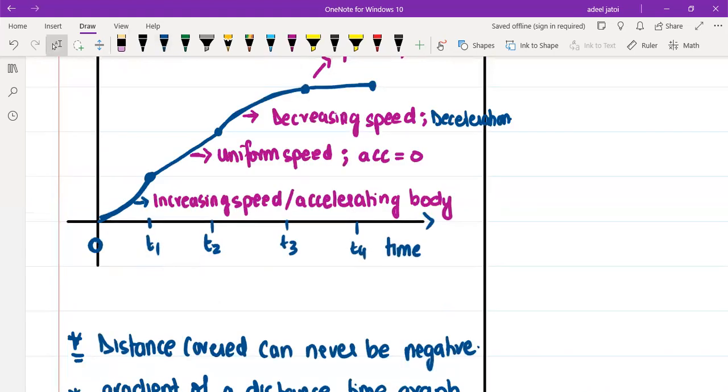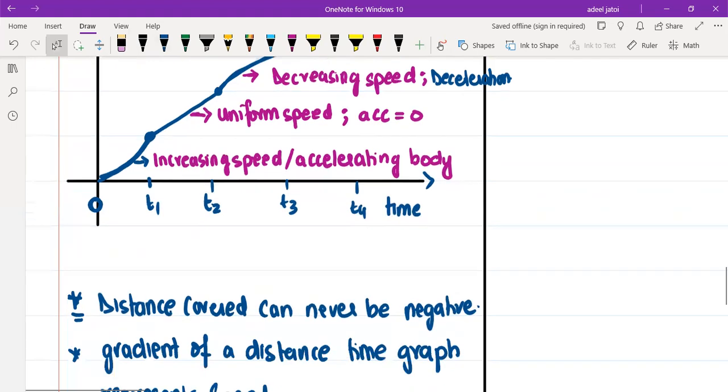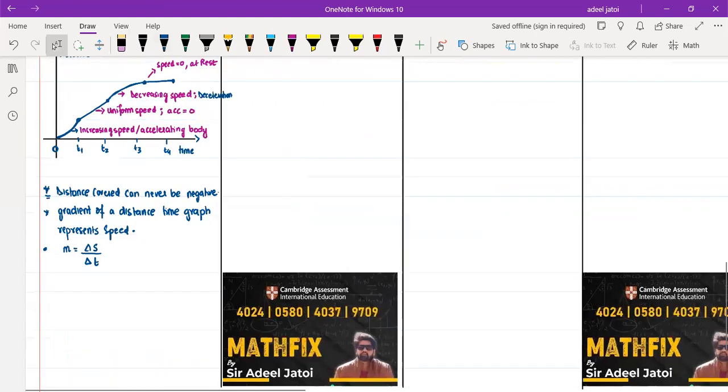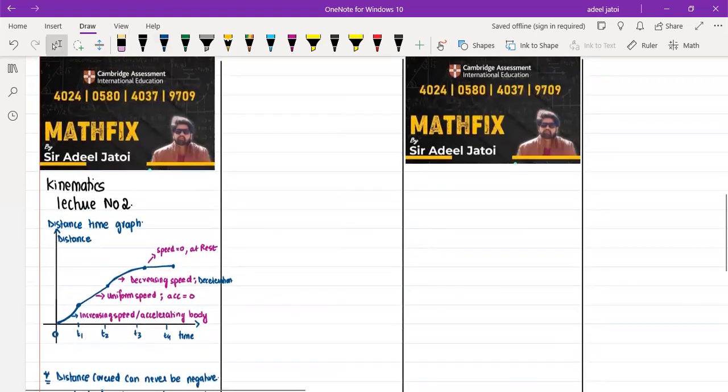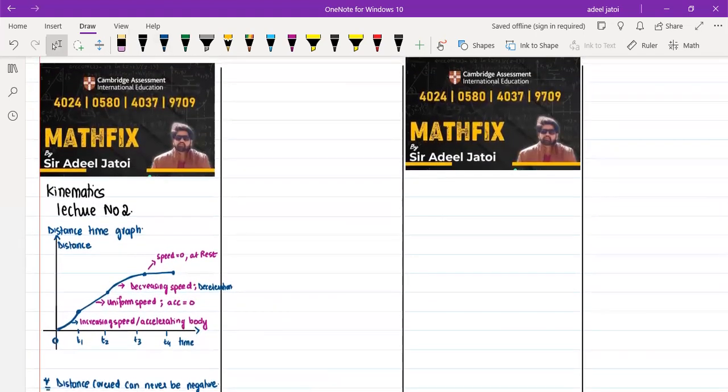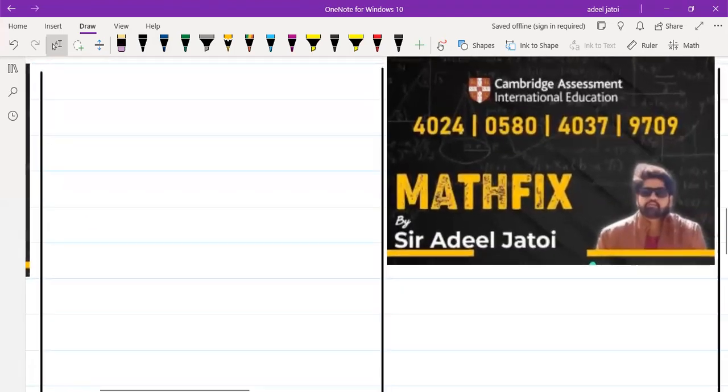Moving further, then what do we have? Let's say we need to cover the displacement time graph.